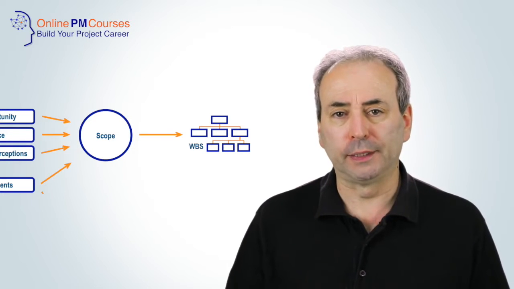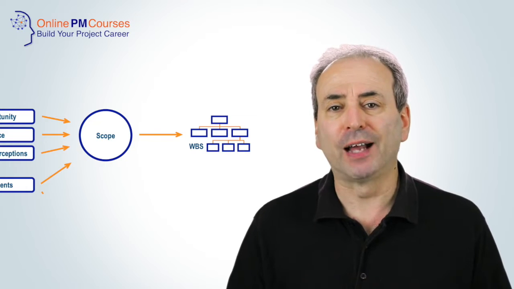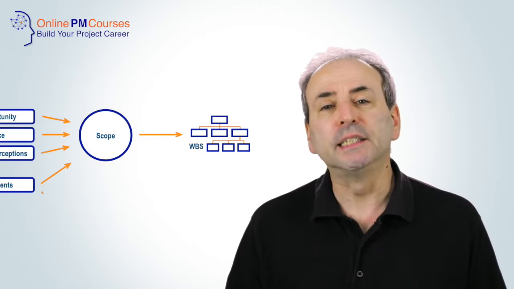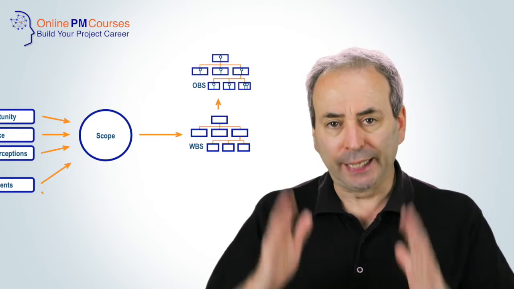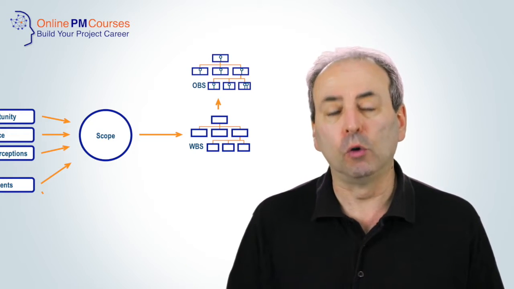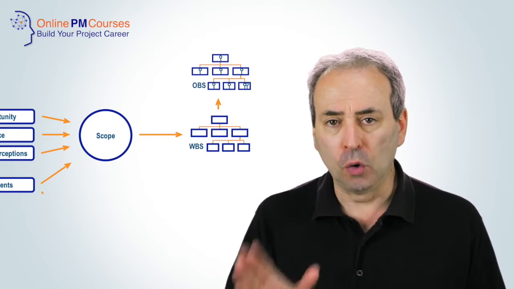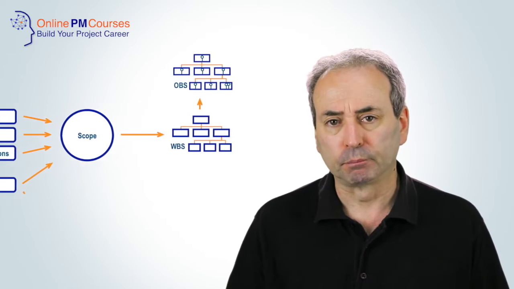And from your work breakdown structure, you can build two other very valuable planning tools. The first of these is an organization breakdown structure, which is a tool which takes each piece of work in your WBS and allocates it to one or more individuals to give you a breakdown of who is going to be doing what, and we'll come back to this later.